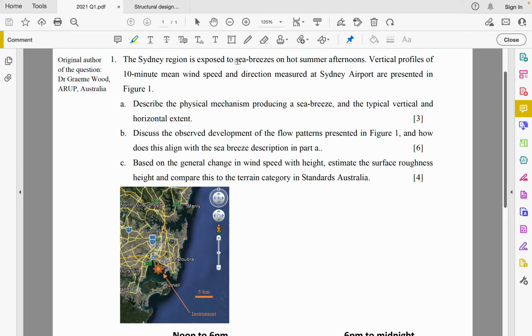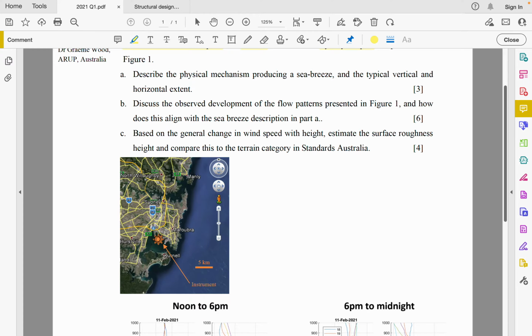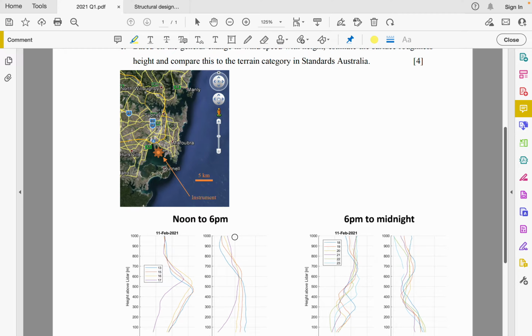The Sydney region is exposed to a sea breeze in hot summer afternoon. A vertical profile of 10 minutes mean wind speed and direction measured at Sydney Airport are presented in figure 1. So this is the point at Sydney Airport.